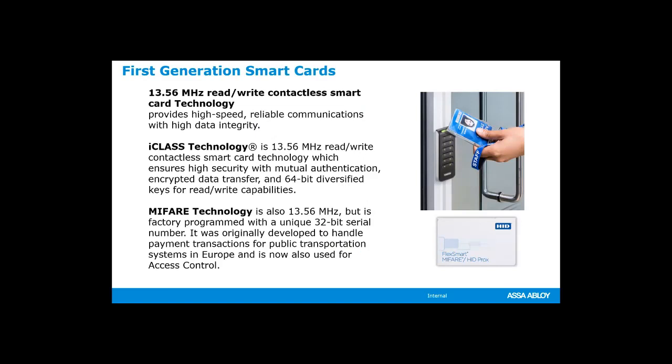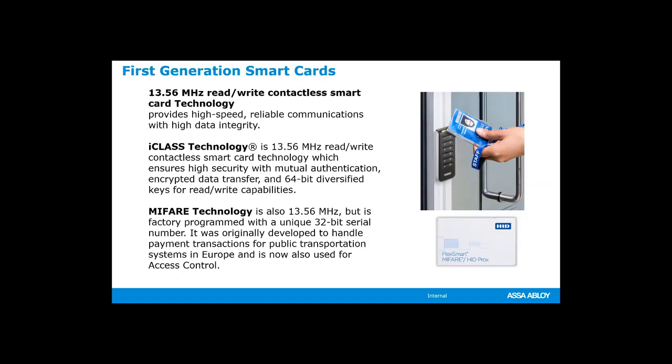13.56 megahertz read-write contactless smart card technology provides high-speed, reliable communication with high data integrity. Two of the brands available are I-class technology, which is 13.56 megahertz card technology, ensuring high security, mutual authentication and encrypted data, and 64-bit diverse keying for read-write capacity.